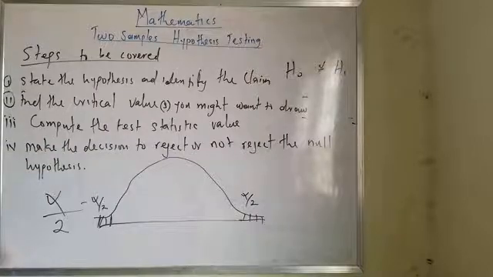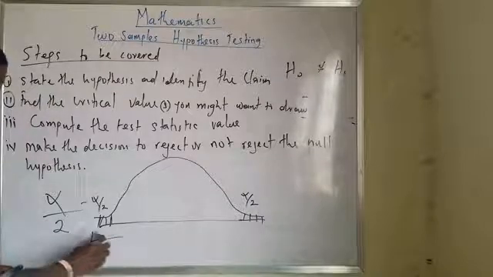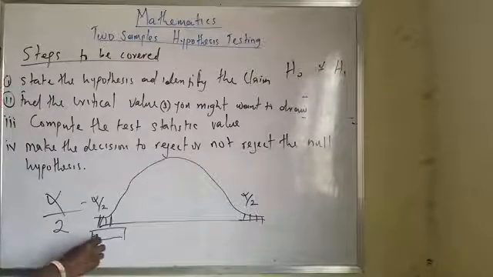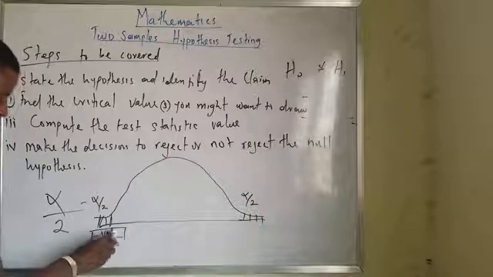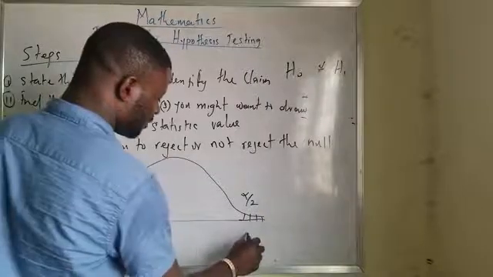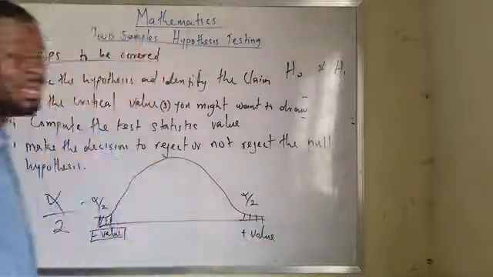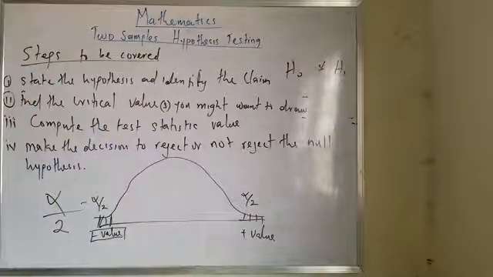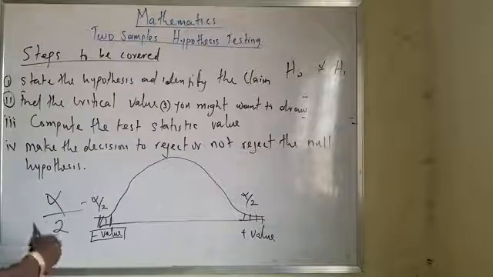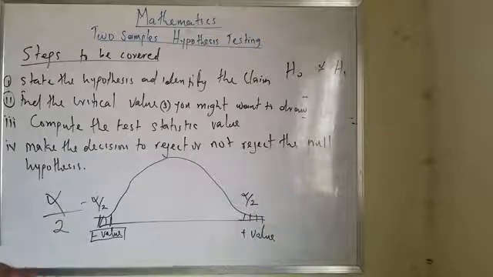Your table of values, I've shown you earlier, will be here: the minus value and the positive value. We are talking about plus or minus. This is what is called the critical value.